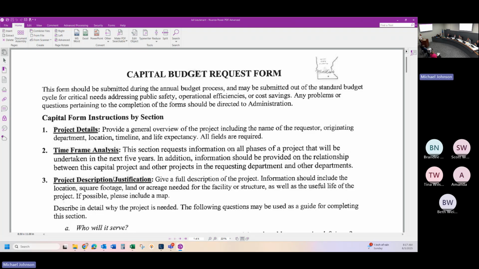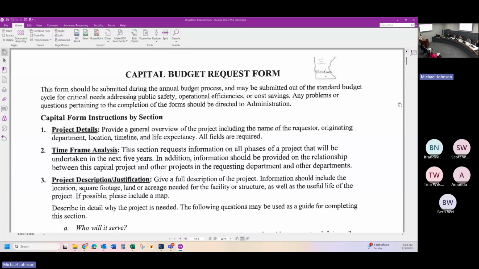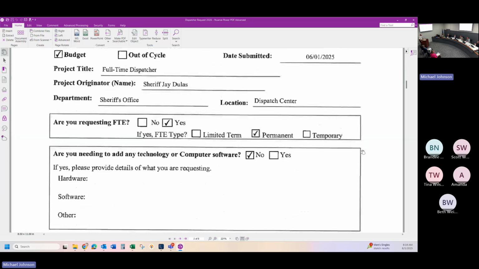And even in past years, we've had a sergeant who supervised dispatch but didn't always have the working knowledge of the specific programs either. So we're looking at creating a dispatcher lead of sorts position to work on that, to work in the system, stay up to date on the equipment, and troubleshoot things that happen from day to day.